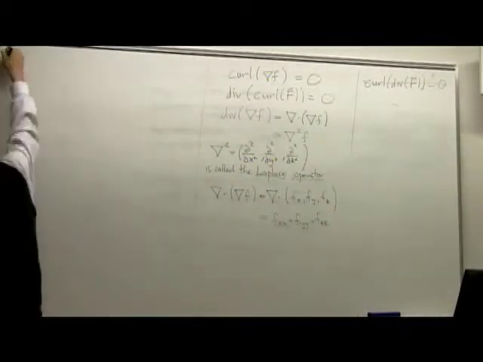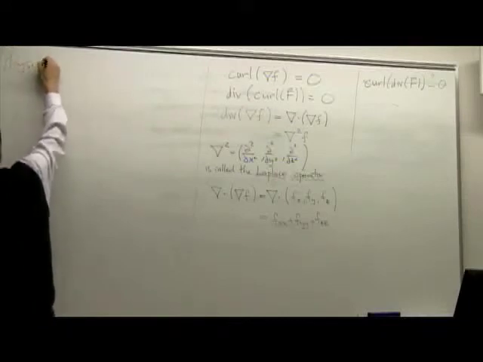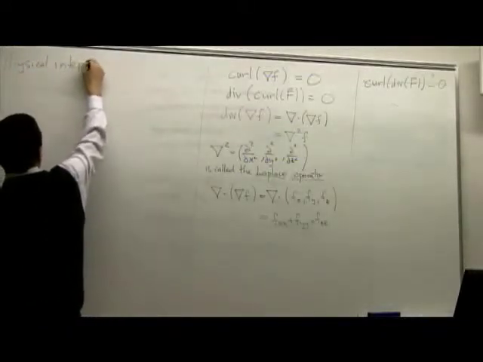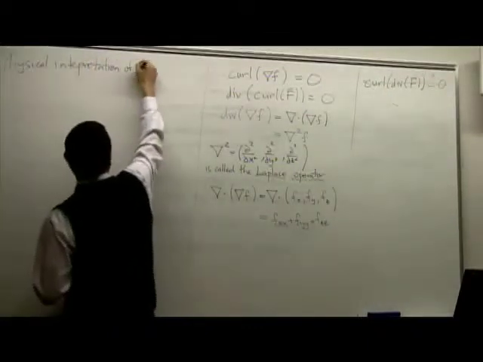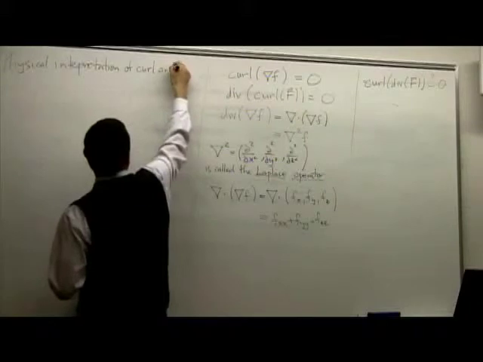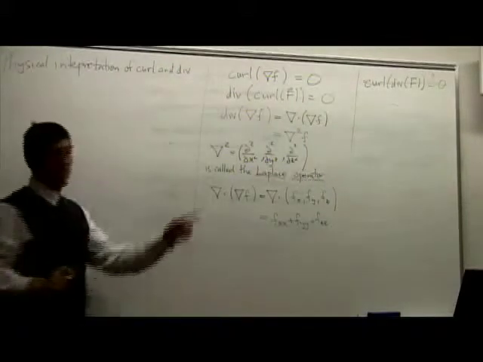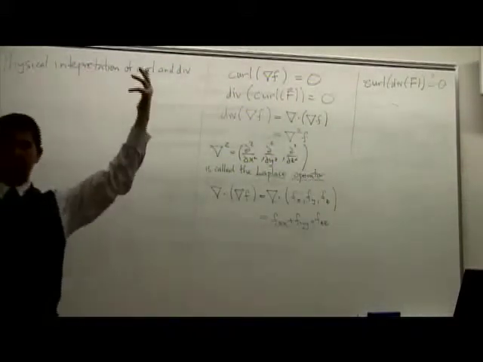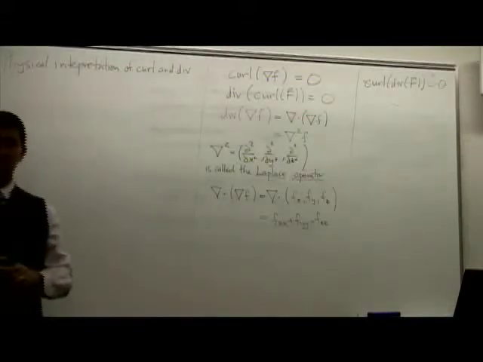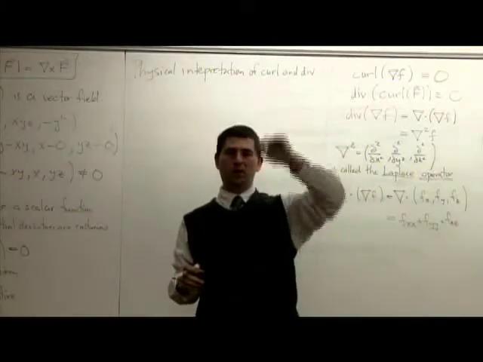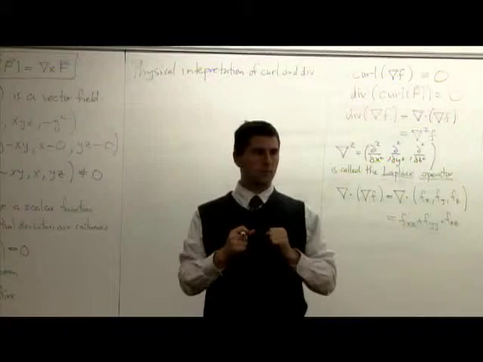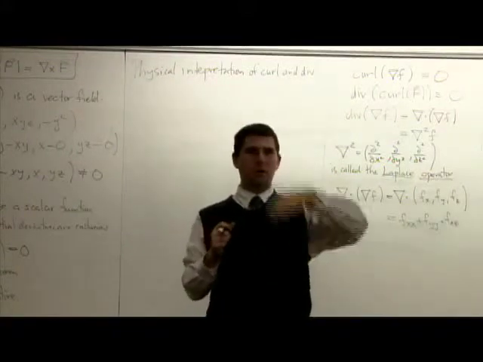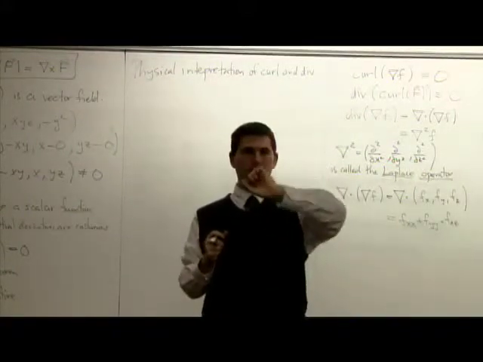Okay, so what about the physical interpretation of curl and div? Mind you, I'm not mentioning gradient here because we already did the physical interpretation. Remember, the gradient said if you were, say, sitting on a hill and you took the gradient at that point, what does that tell you?